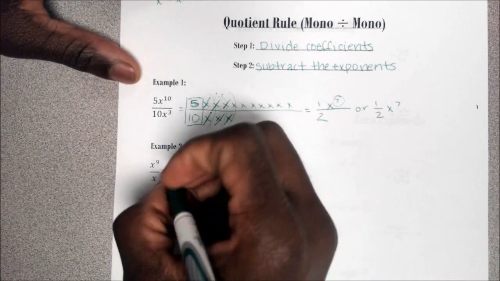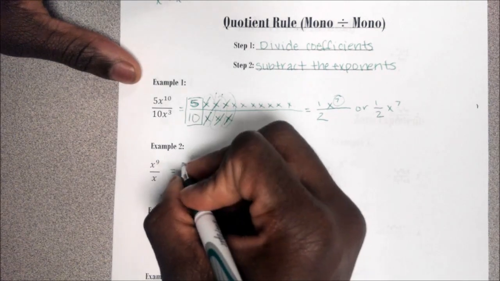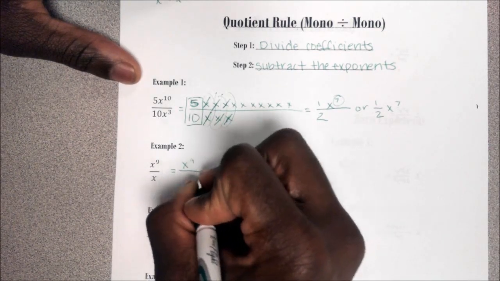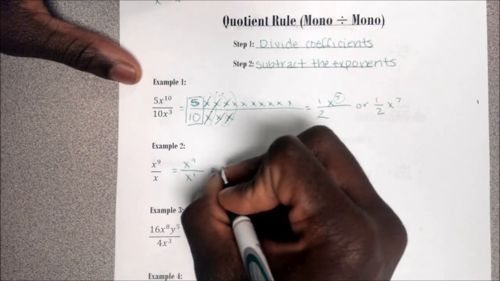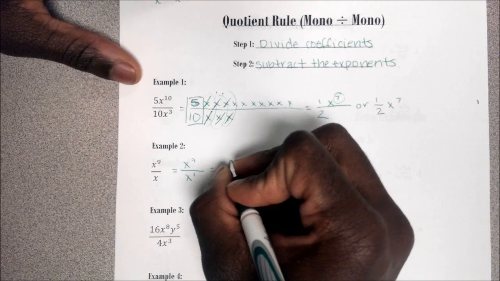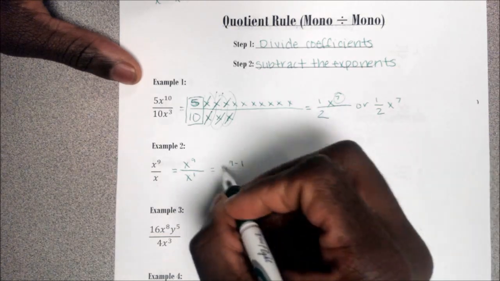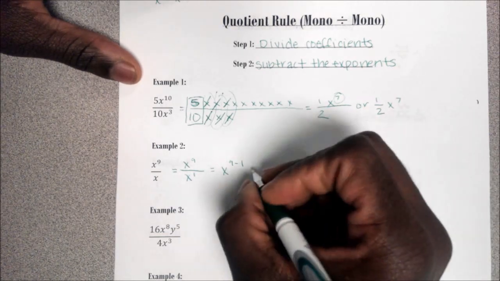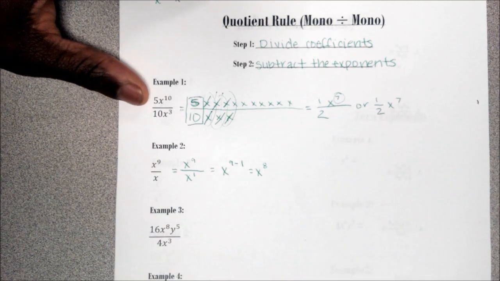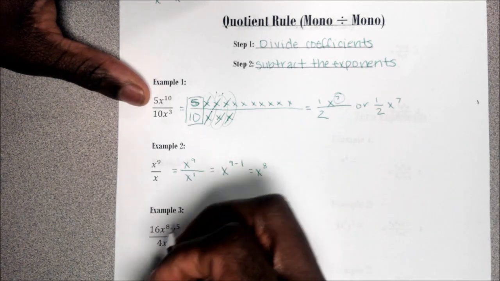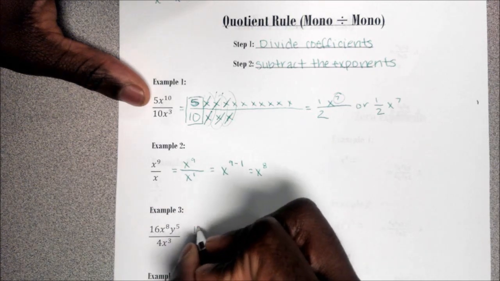So the second example, slightly more work. Now remember, if there is not an exponent, it's not 0, it's to the first power. So you have x to the 9th divided by x to the 1st, which is x to the 9th minus 1, which gives us x to the 8th. Here we have coefficients, so we have to divide those.